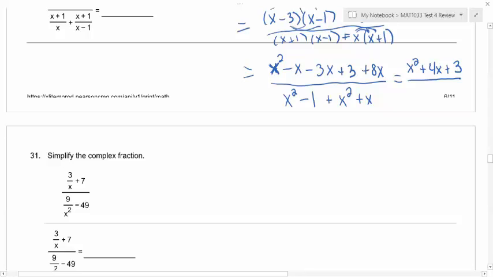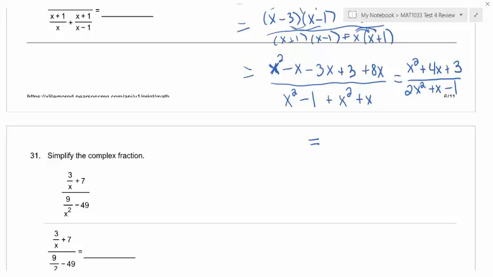You have a 2x squared plus x minus 1. Good. How would you factor your numerator? Because we're not done yet, because we have to factor to see if the factors cancel out. So we have gotten rid of the complex fraction, to be clear, but we haven't necessarily simplified.